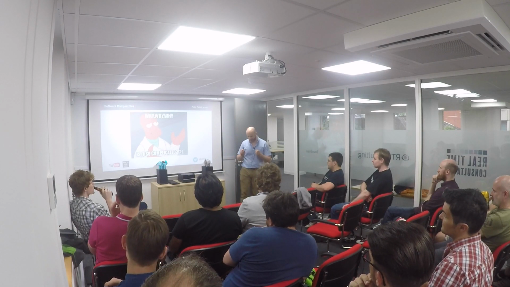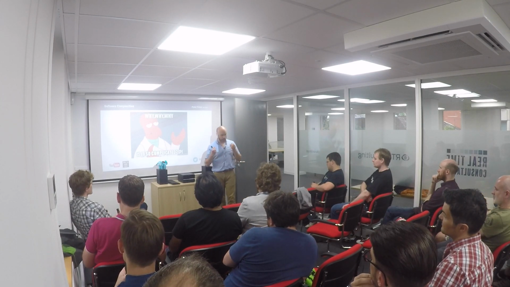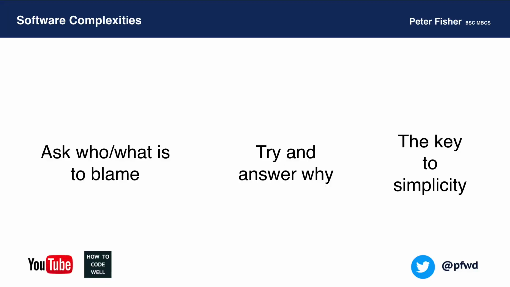I'm talking here about the actual development process, the actual thinking space, the actual thinking about the architecture, all the impacts and implications that different things have that actually just make the whole thing extremely complicated. And I'm going to do this in a couple of ways. So first of all, I'm going to ask who and what is to blame, because it's always nice to blame someone, right?